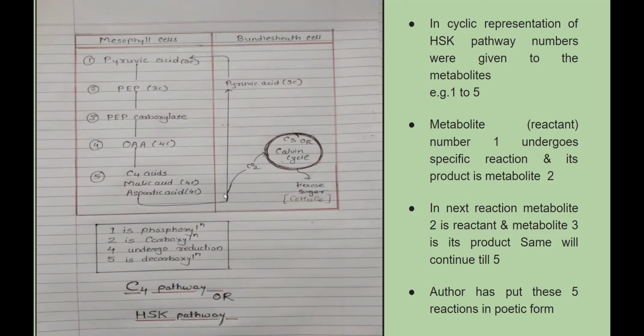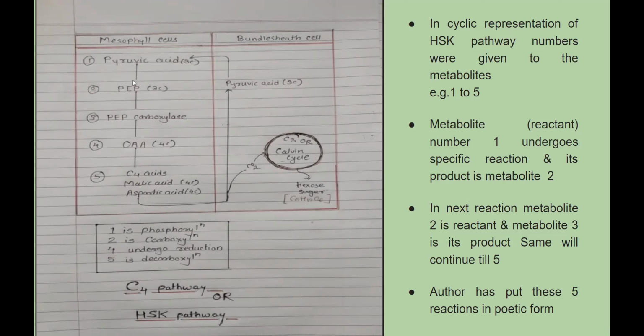C4 acid enters the bundle sheath and gets split up into CO2 and pyruvic acid. CO2 enters the Calvin cycle, pyruvic acid goes to the mesophyll. 1 is phosphorylation, 2 is carboxylation, 4 undergoes reduction, 5 is decarboxylation. That completes the C4 pathway, that completes the HSK pathway.